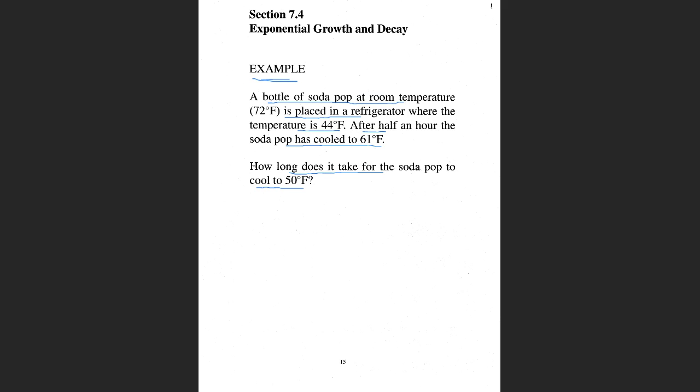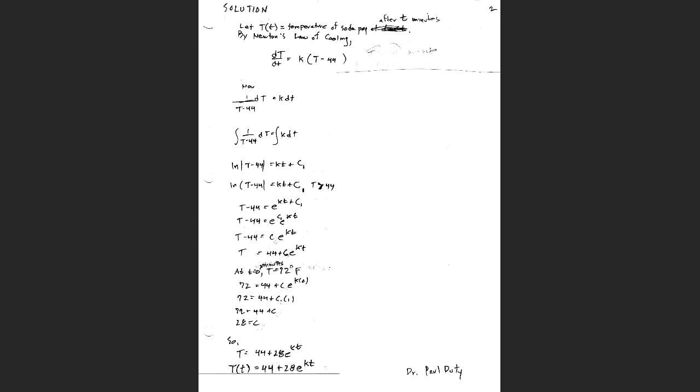So we need a differential equation that will model this situation. We're going to let capital T of t be the temperature of the soda pop after t minutes. We always have to define, we know little t is time, but we should define our dependent variable also.